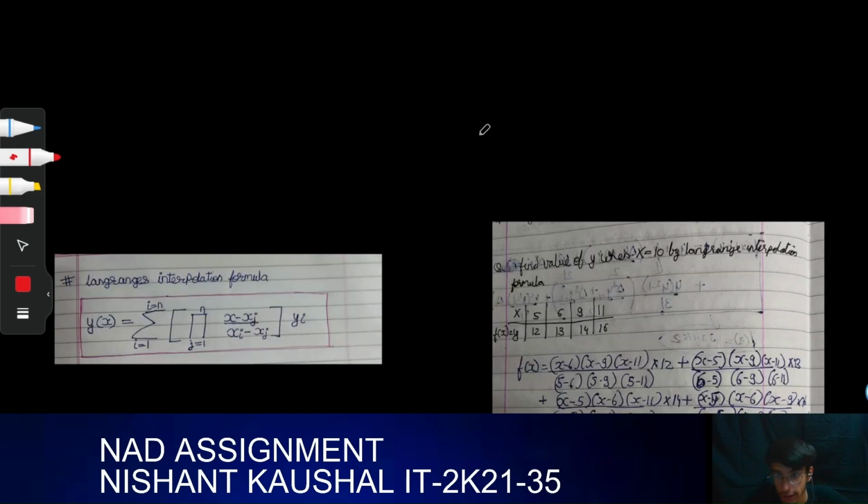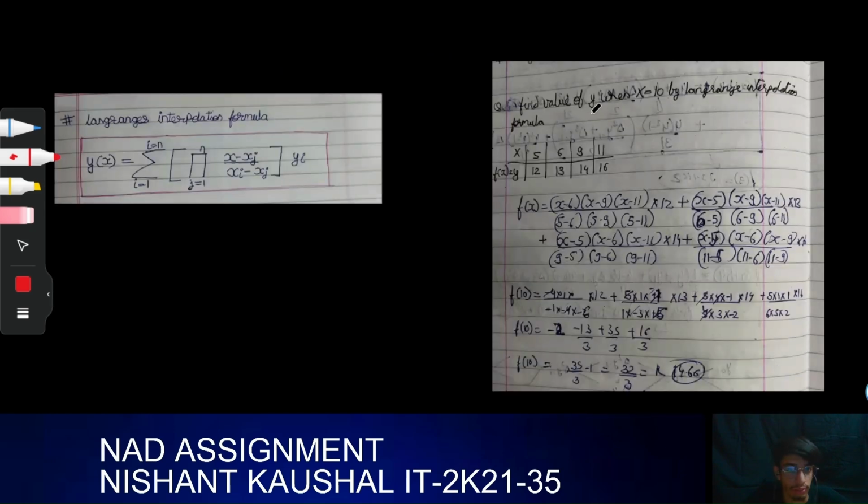Why? Let us see the Lagrange's interpolation formula. In this example, you can see we have four data points: 1, 2, 3, 4. If we look at this equation and solve it, it will be of which order?